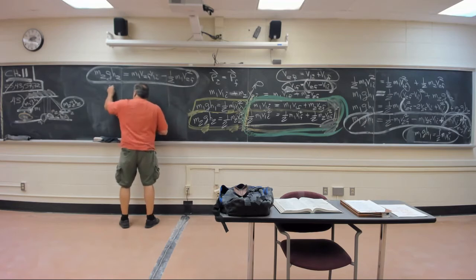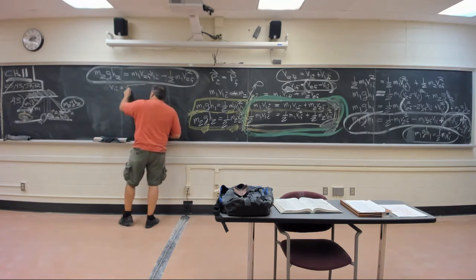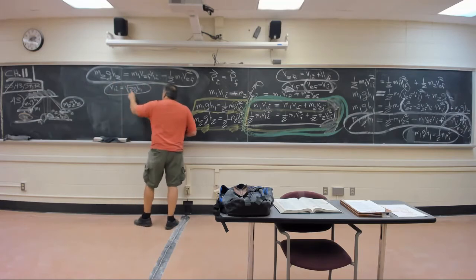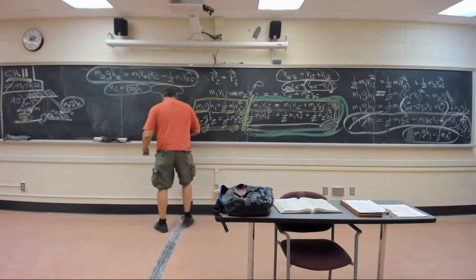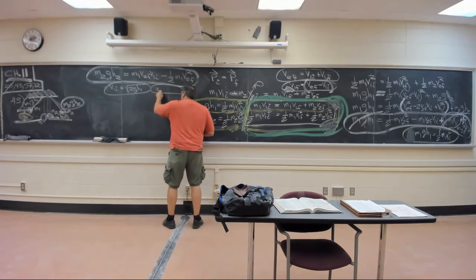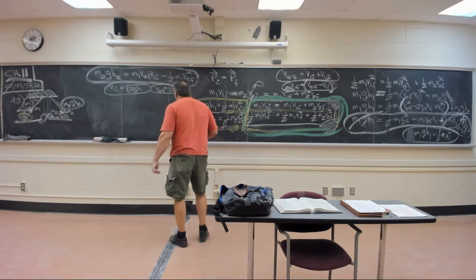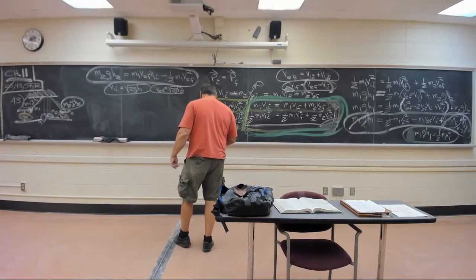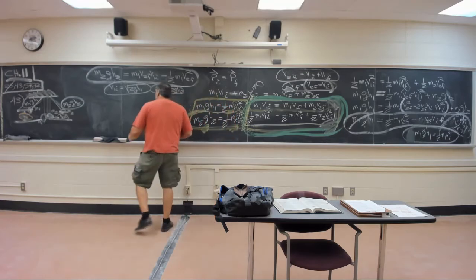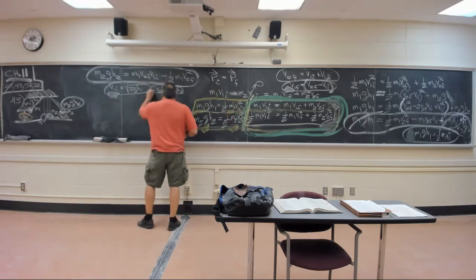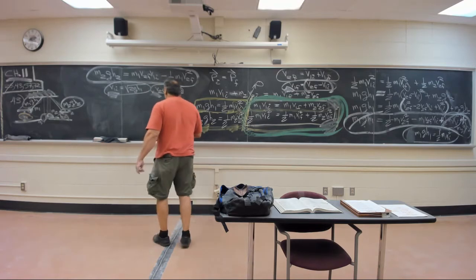Now we can use V1I equals the square root of 2GH1. We can use V2F equals the square root of 2GH2. I put them in there. Let's see. Maybe this is going to make things look a little more reasonable for us.